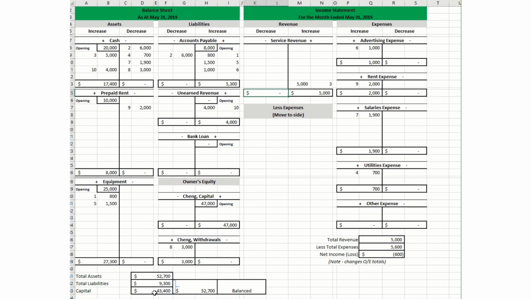One other thing to point out is the capital account now consists of the capital, $47,000, plus or minus the net income. In this case, it's take away the loss of $600. Also take away the withdrawals that Chang made. So we have $43,400. Plus the 2 liability balances equals the $52,700, being a balanced balance sheet for the organization.